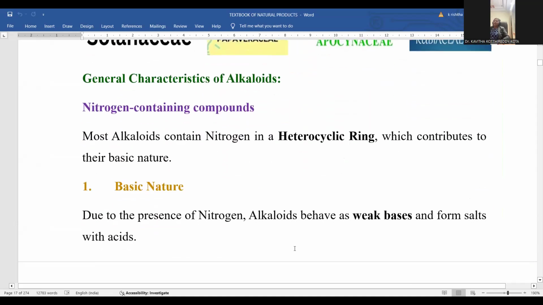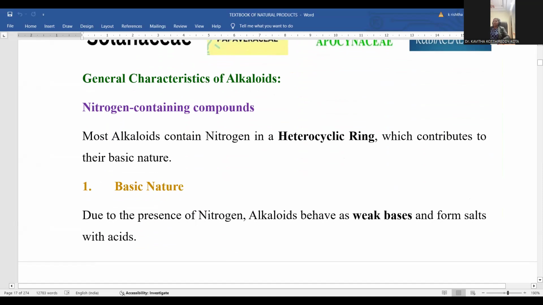Then let me introduce the general characteristics of alkaloids. What are the general features exhibited by these alkaloid components? Nitrogen-containing compounds. Obviously, the essential feature of an alkaloid is the existence of the element nitrogen. Most alkaloids are nitrogen-containing compounds only, so we can designate them as heterocyclic compounds, which contribute to basic nature.